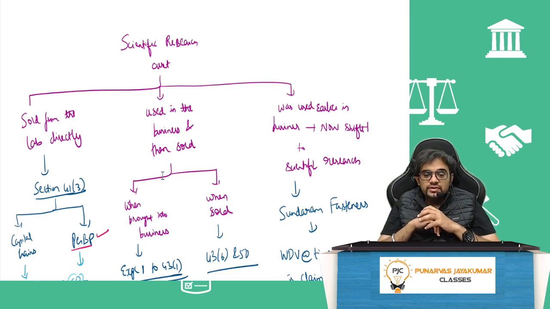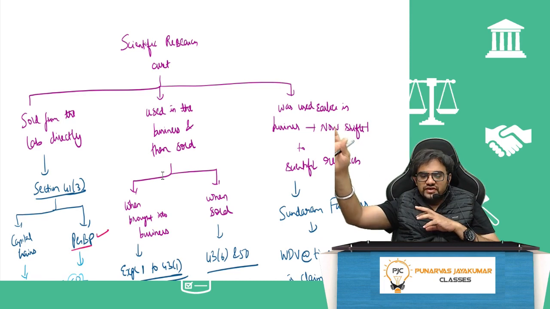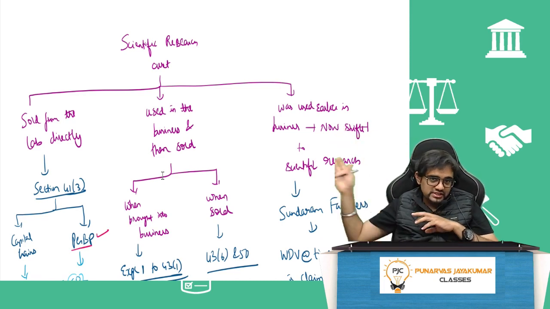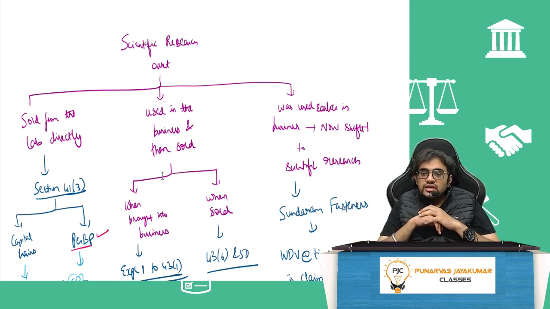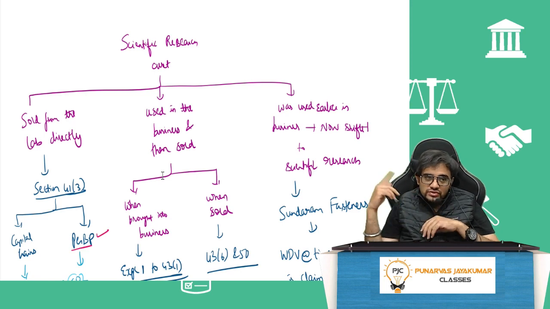So 3 things can happen. 1, the scientific research asset from the lab only, I will sell it. 2nd, from the scientific research, I will first use it in the business and then I will sell it off. 3rd one, it was actually the reverse case. It was actually used in business. Now I am bringing it into scientific research.